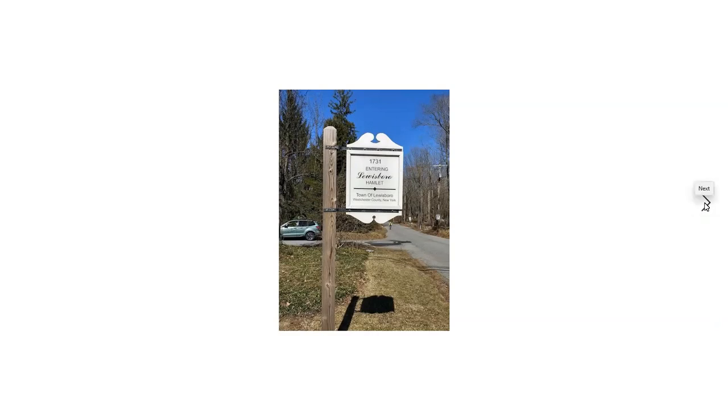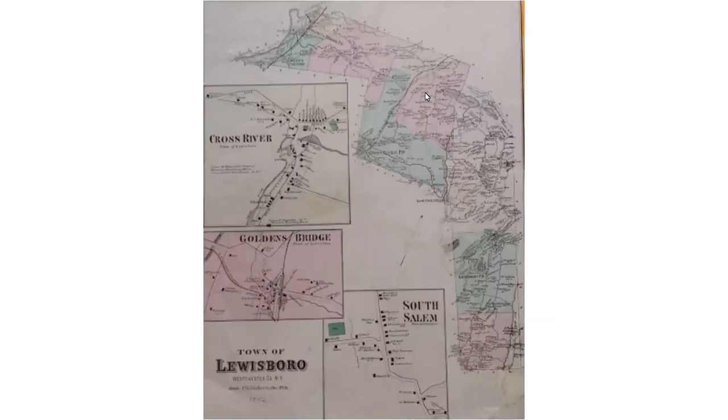Well, actually, this is the southern end of the town, the entering Lewisboro Hamlet sign, and I thought there was another sign by the Mill River Road end, but there's no sign on the northern part of the hamlet. Here is our very fuzzy town map, looking like a shotgun.